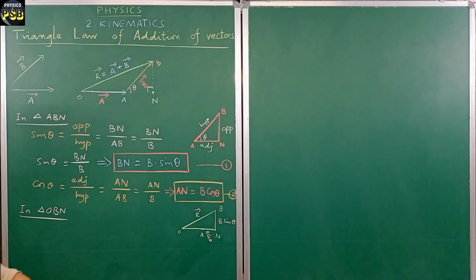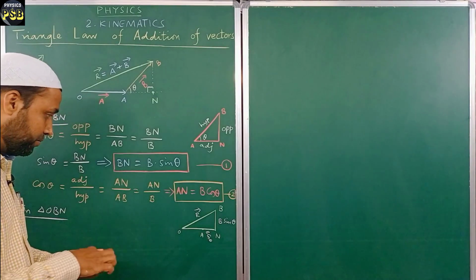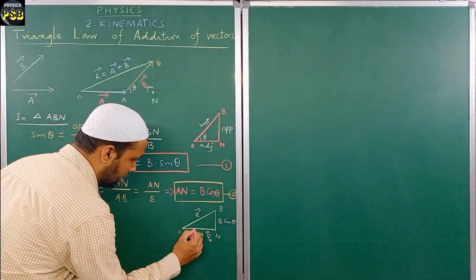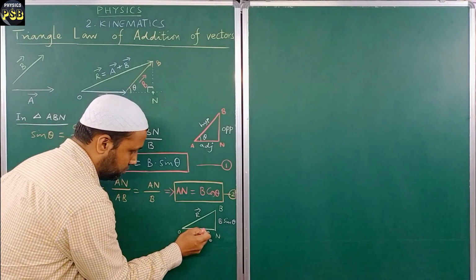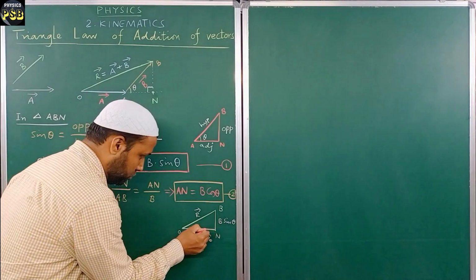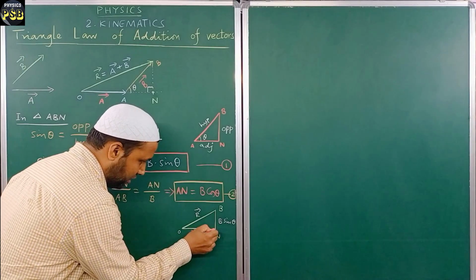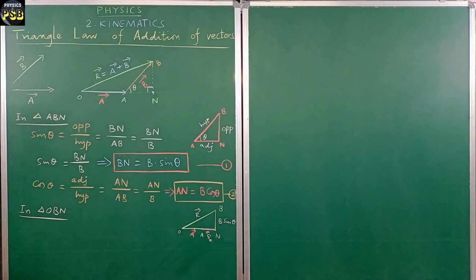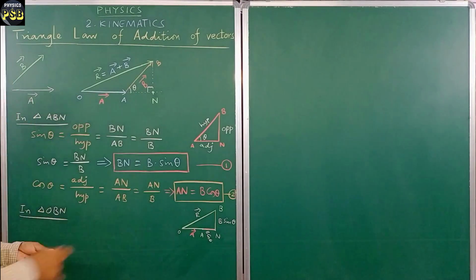Then we have OA, the value of OA is nothing but A. To differentiate this, I'm giving a different color for AN. This is what we obtained from this diagram.